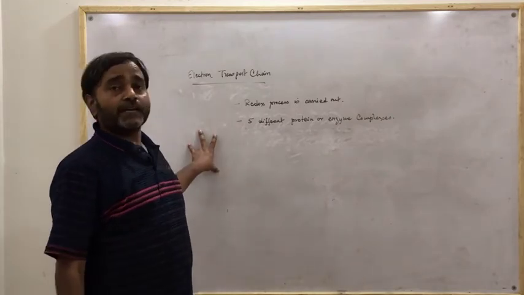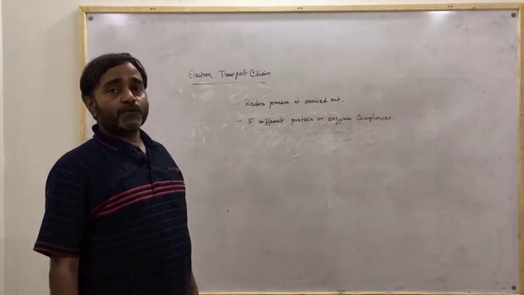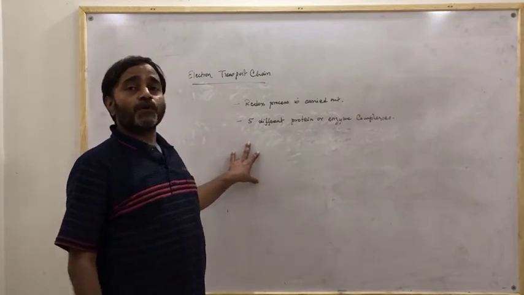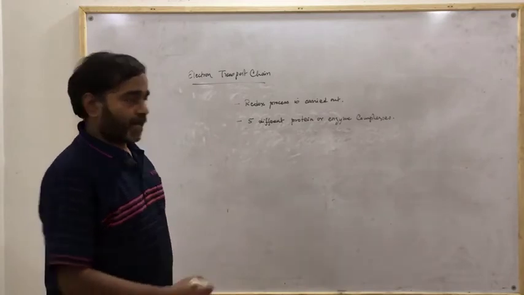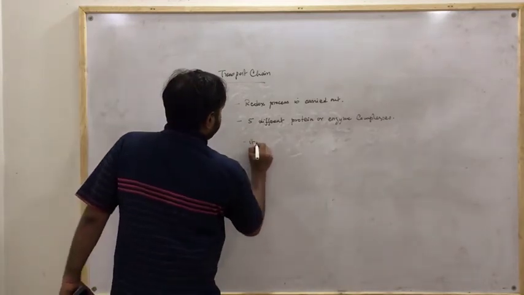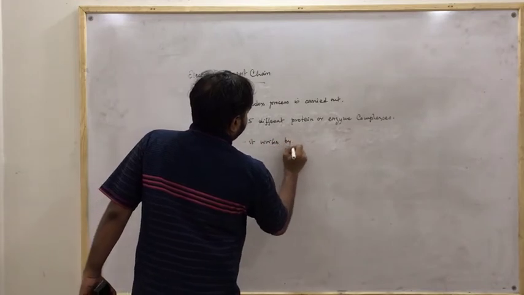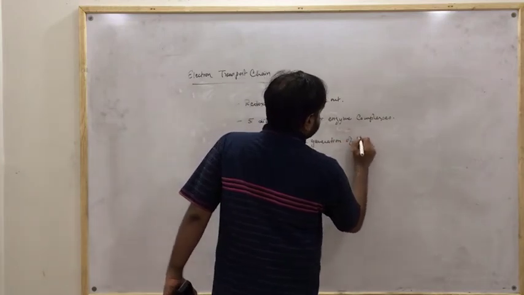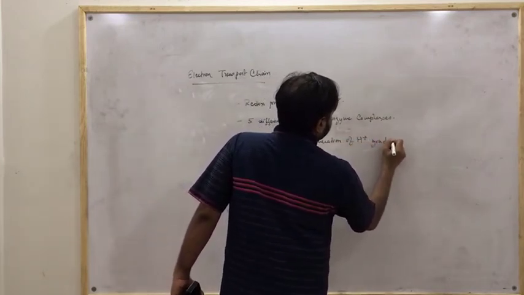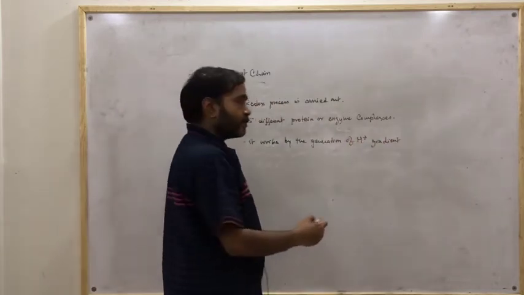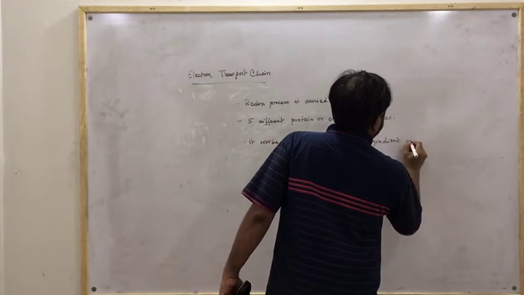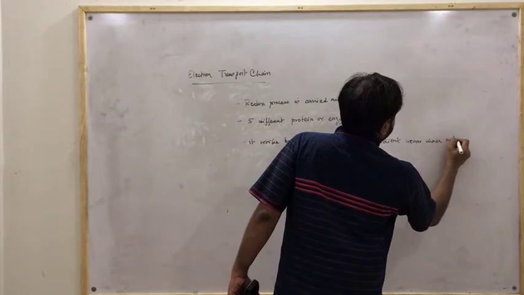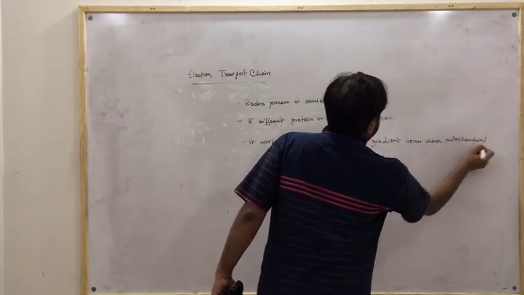So different such electron carriers work for the electron transport chain, and finally how it works is with the help of the generation of a proton gradient, we can write proton in this manner also, that is H plus, across the inner mitochondrial membrane.